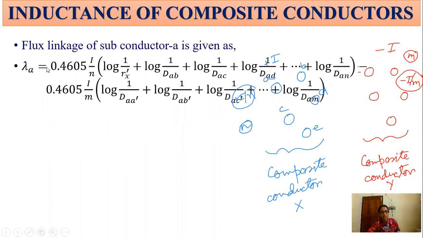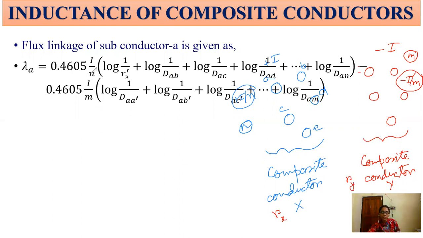That is the total flux linkage for subconductor A. Here we have assumed the radius for each subconductor of composite conductor X as Rx, while the radius for each subconductor of Y is Ry.